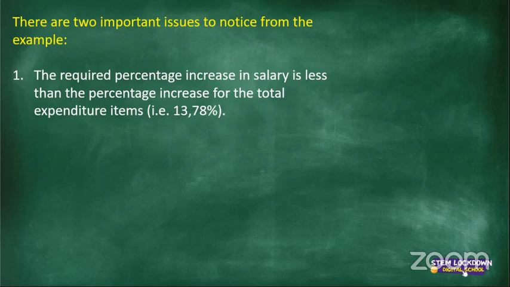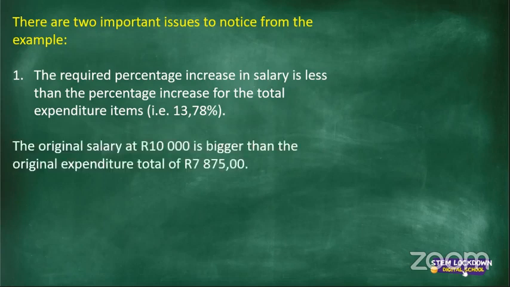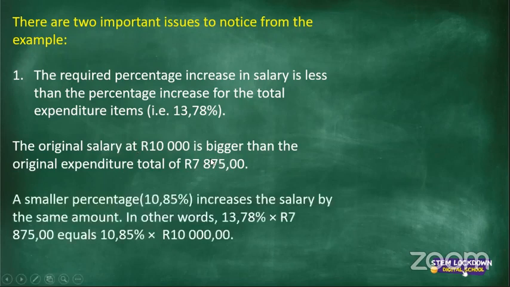And when we calculate the increase in salary, it's 10.85. The original salary at 10,000 rands is bigger than the original expenditure total of 7,875. That was the initial expenditure total. You see, we did that calculation. A smaller percentage, which is that 10.85, increases the salary by the same amount.